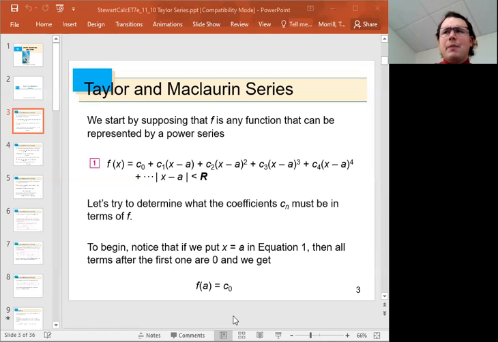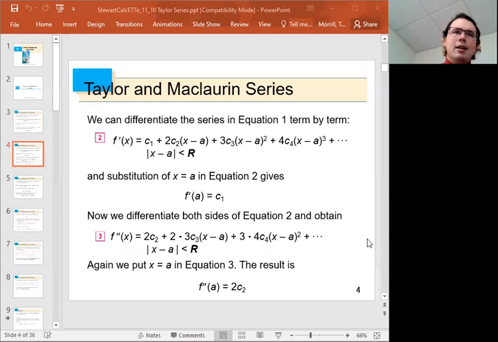Well, I know that when I take my derivative, the constant term is going to go away because I'm using the power rule on every single power of x minus a. Okay, well, what is the derivative of this power series? The derivative of this power series starts at C1.